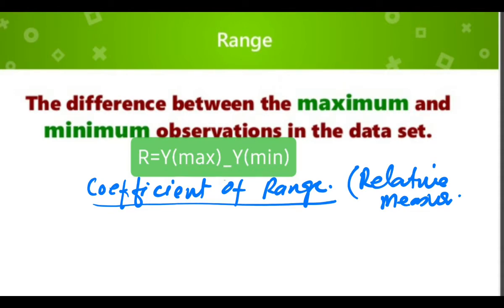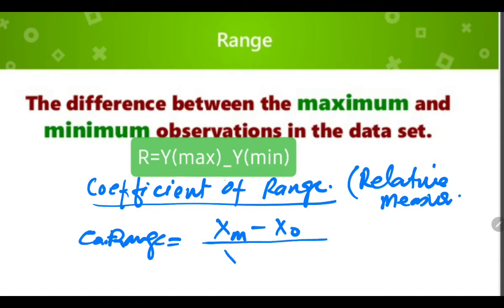Its relative measure is called the coefficient of range or coefficient of dispersion, and it is defined as coefficient of range equal to Xm minus X naught divided by Xm plus X naught. This becomes in the form of ratio.